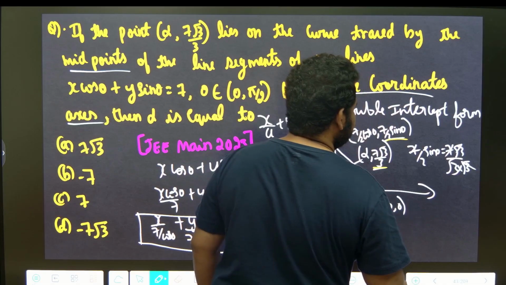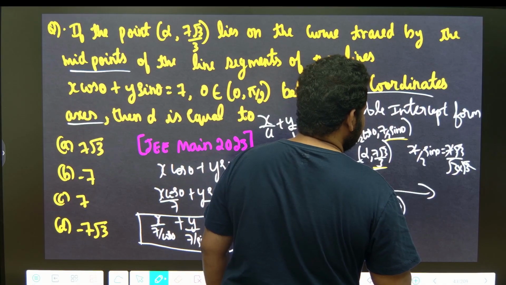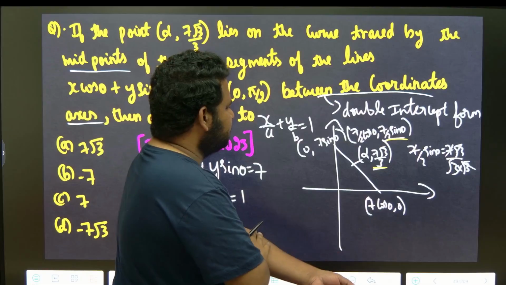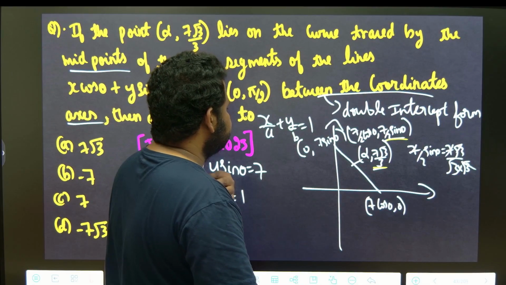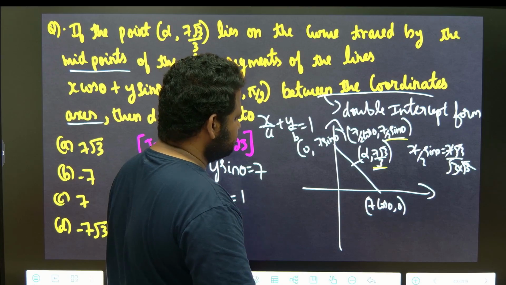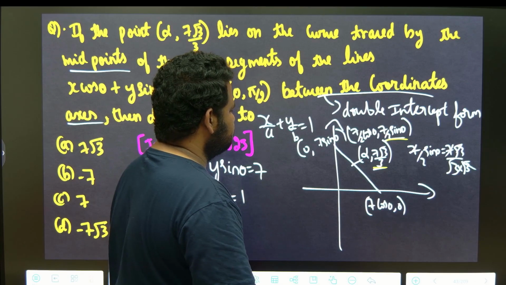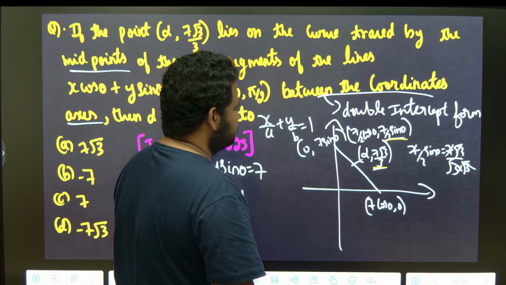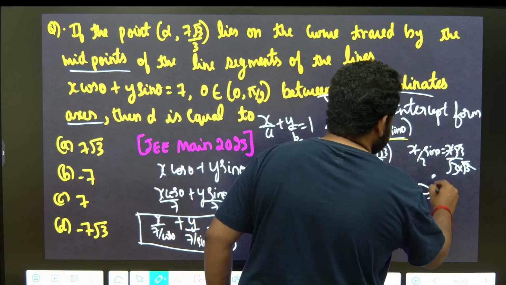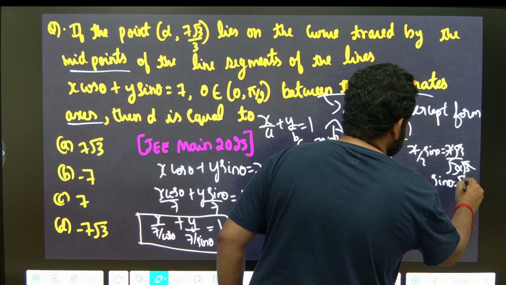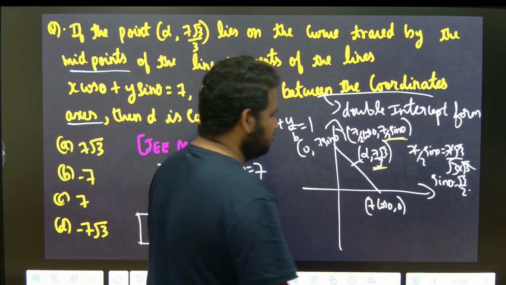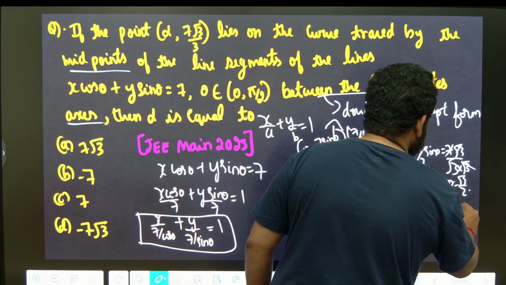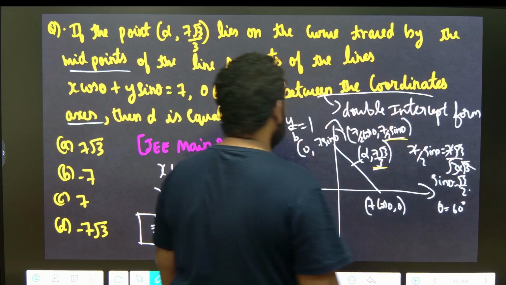Sin theta will be equal to root 3 by 2. This implies theta will be equal to 60 degrees.